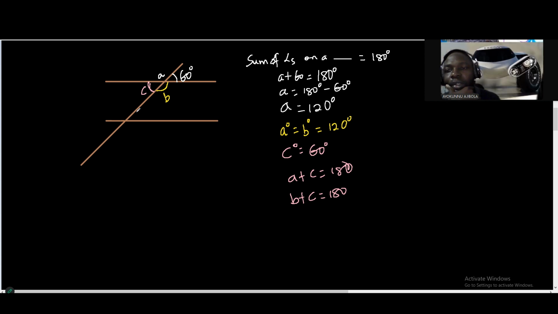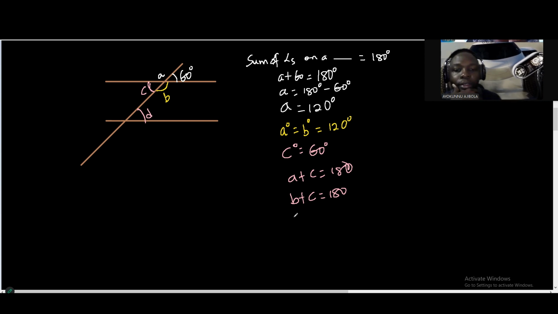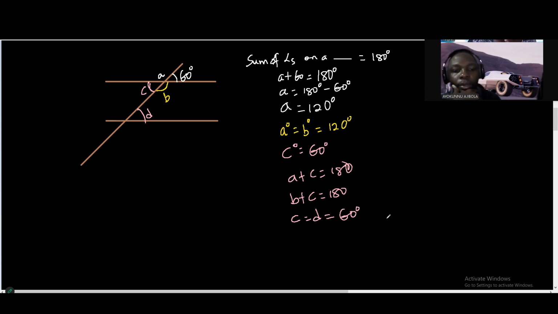Then talking about corresponding angles or alternate angles. Angle C and angle D are alternate, okay? So we can say C equal to D. And if C is 60, then angle D is also 60 because they are alternate angles.